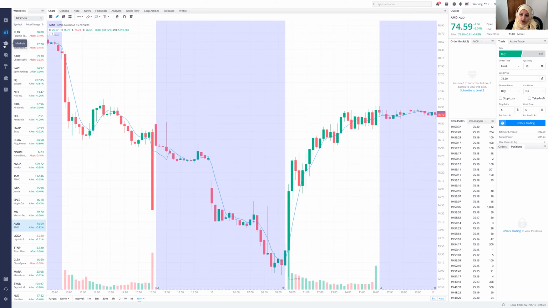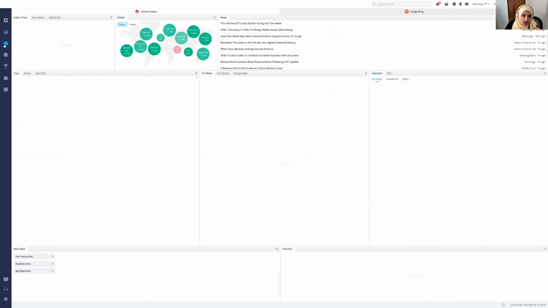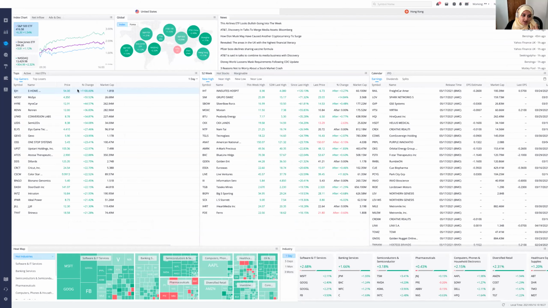I'm just going to go to the markets tab, and you can look at these to get ideas. Dillard's, let's say, is a name that's familiar to me, so I can look into that. DoorDash is another familiar name. So it's easy to get an idea from all these little tickers that you see.